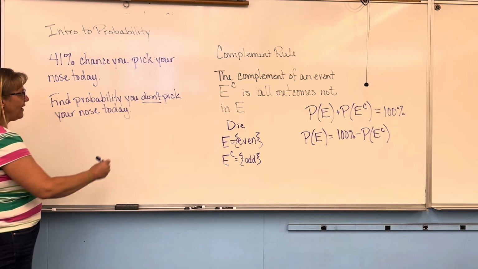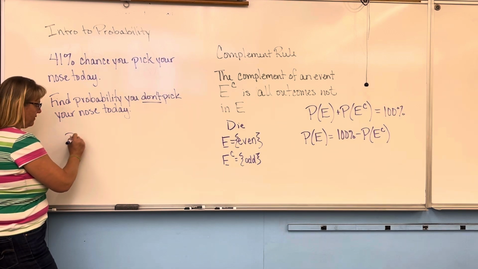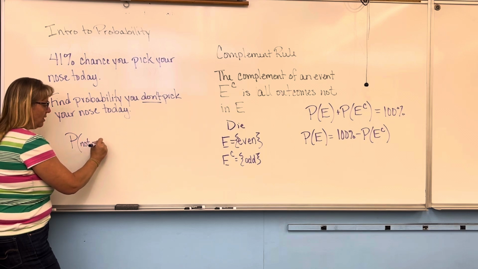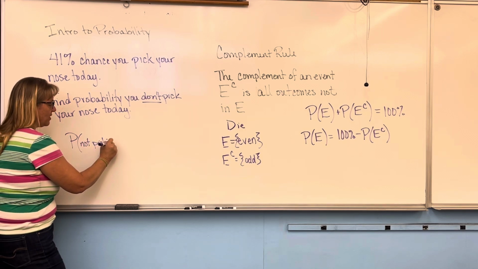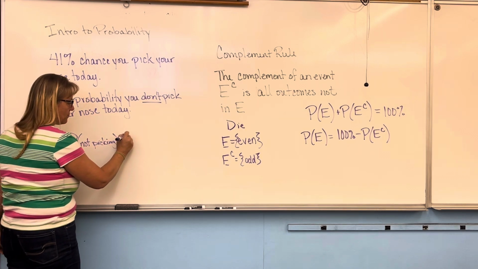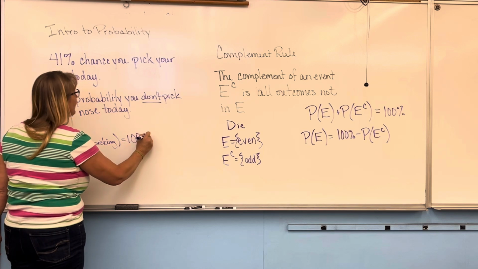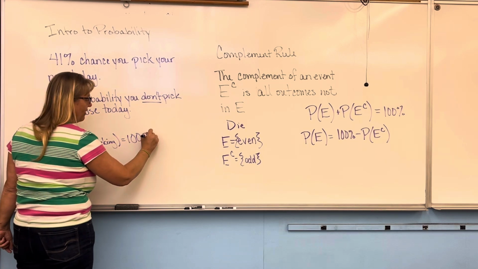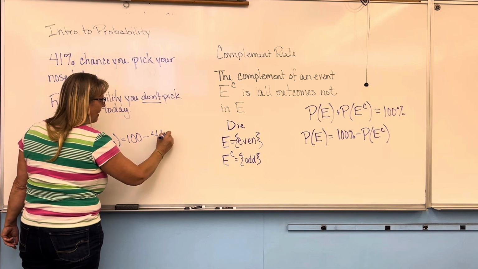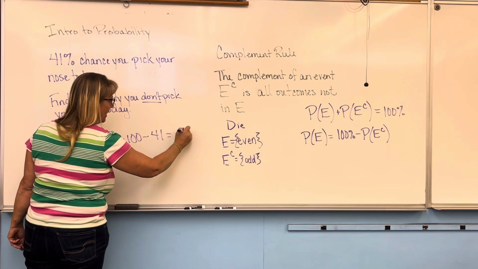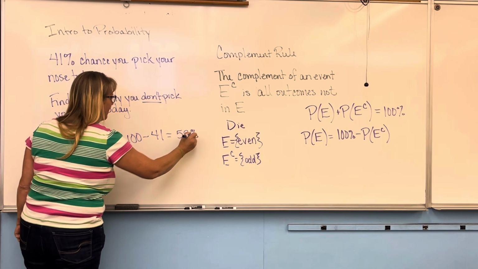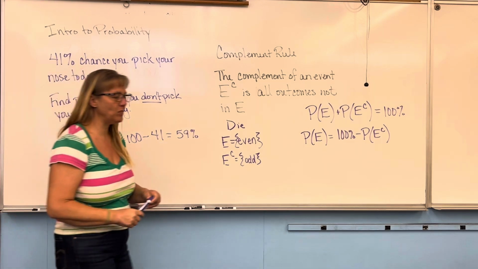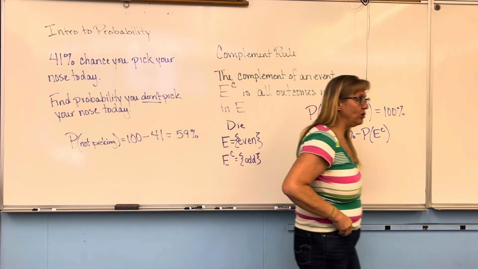So if we want to find the probability of not picking your nose, we can take 100% and we can take away what we don't want, or the probability of picking your nose, and that will leave us with 59%. So if there's a 41% chance you pick your nose, there's a 59% chance that you don't pick your nose.